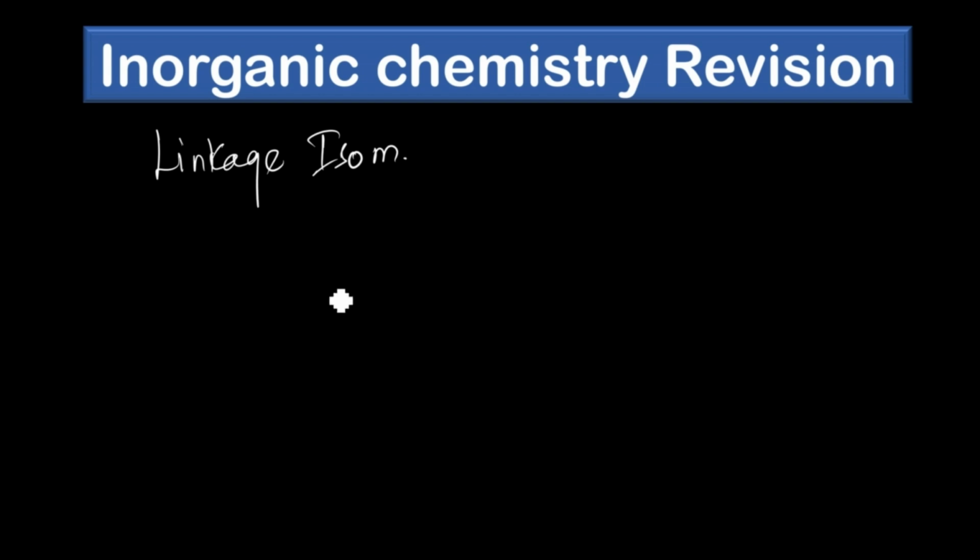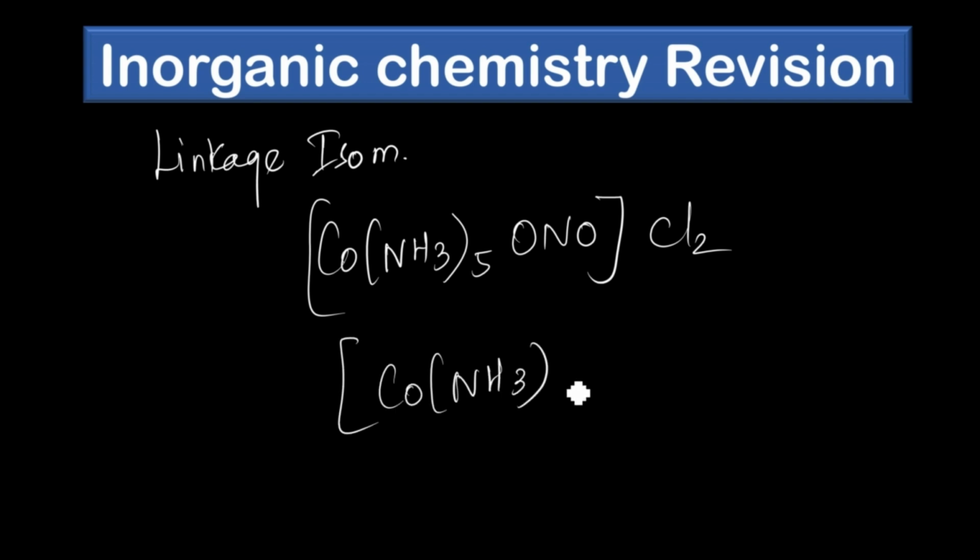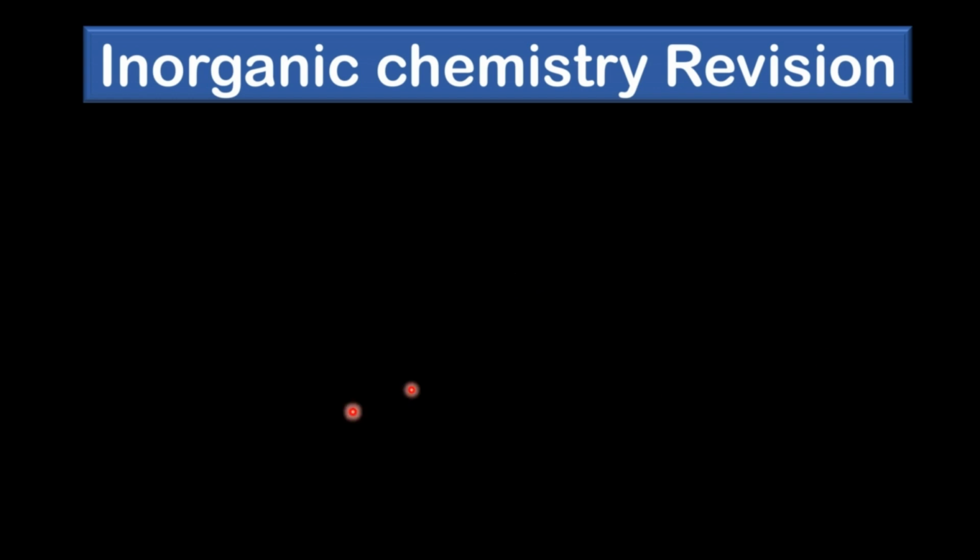For example, Co(NH3)5(ONO)Cl2. The isomer of this complex is Co(NH3)5(NO2)Cl2. In the first example, oxygen is bonded. In the second example, nitrogen is bonded. So that is linkage isomerism.